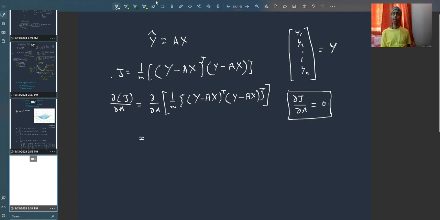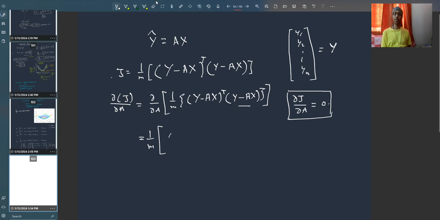Now we take the constant 1 by m out, and if you are acquainted with calculus, you would know, friends, that del A of a product is basically keeping one constant, we differentiate the other and then sum the expression. How? Let's do it. First, in the first expression, let's say this is constant.